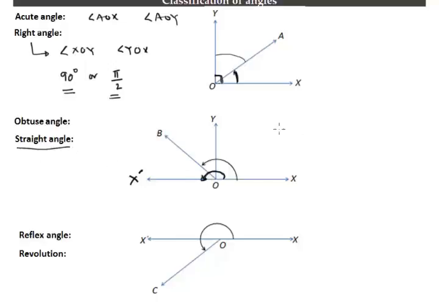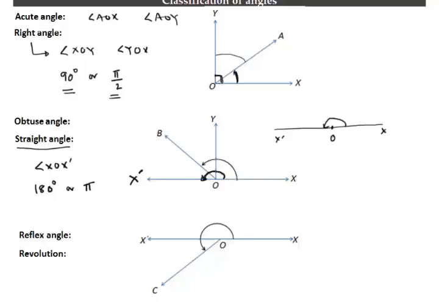That means when there is a straight line and one line segment OX and another line segment OX prime meet at a point O, this whole angle XOX prime is called a straight angle. Its value is 180 degrees in degree units, and in radian units its value is pi. So this is a straight angle.